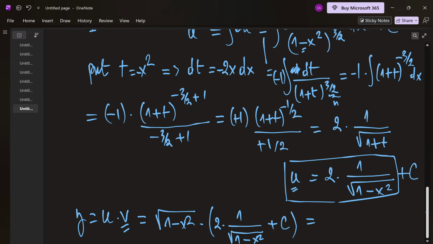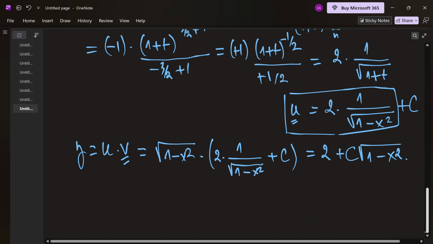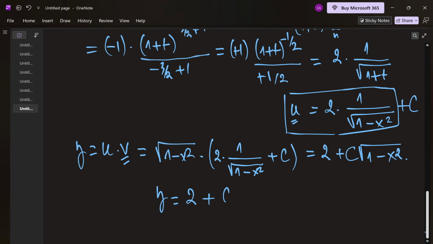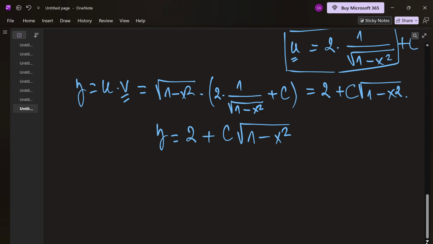When you distribute, you will find at the end that this times this will cancel out. You get 2 plus a constant c times the square root of 1 minus x squared. And this is the final solution. So y is equal to 2 plus c the square root of 1 minus x squared.